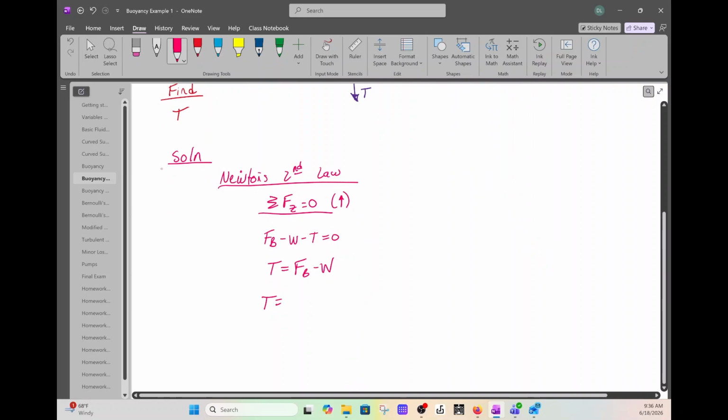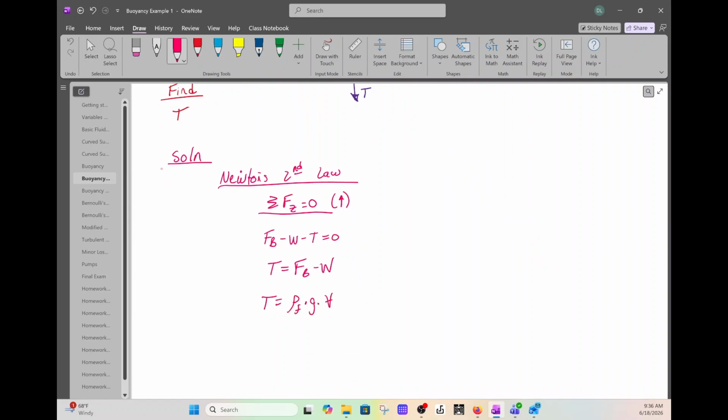The buoyancy force, we know, is the density of the fluid times gravity times the volume submerged. And this actually becomes gamma, because rho g is gamma, times volume submerged. And the volume submerged is pi d cubed over 6 because it's a sphere.